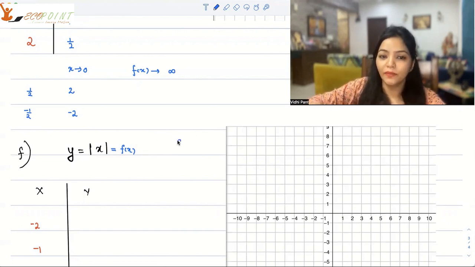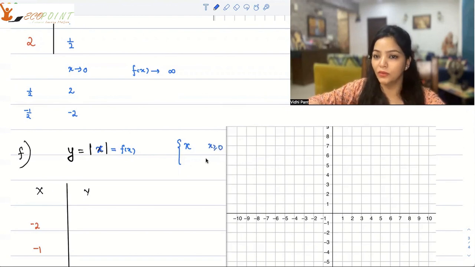So the absolute value or modulus function is defined as follows: these two bars stand for modulus or absolute value. Whatever x is inside, if that x is positive or 0, you just take the value as x. If it's a negative number, you take the value as minus x so that the value becomes positive.